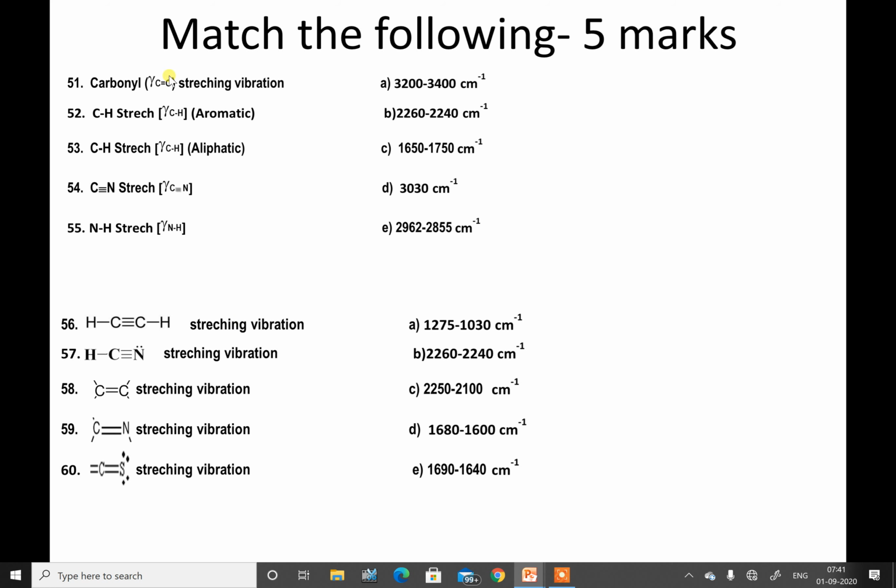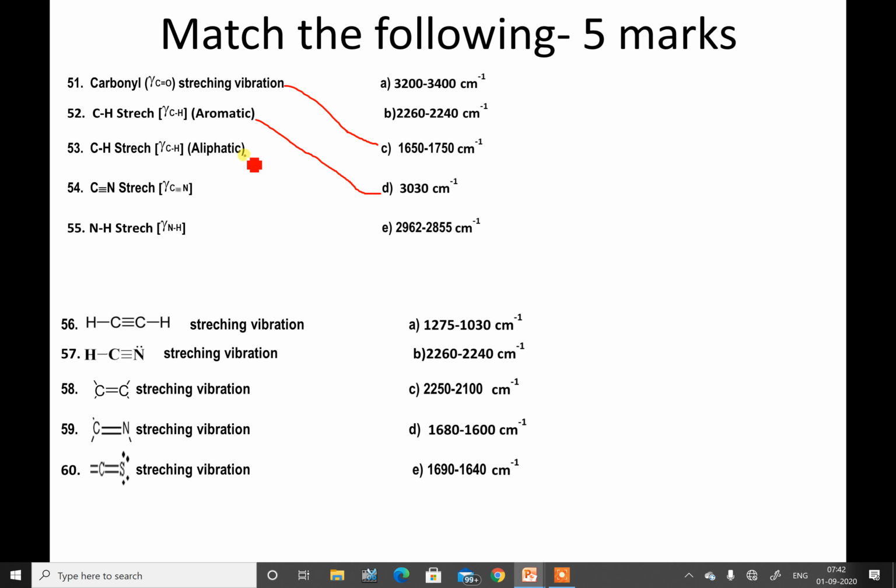You have to match the following: carbonyl stretching, CH stretching aliphatic, CH stretching aromatic, CN stretching, NH stretching. It's very simple, and let us see how we can proceed. So carbonyl we can say will come from this, and CH stretch aromatic we can say will be this.